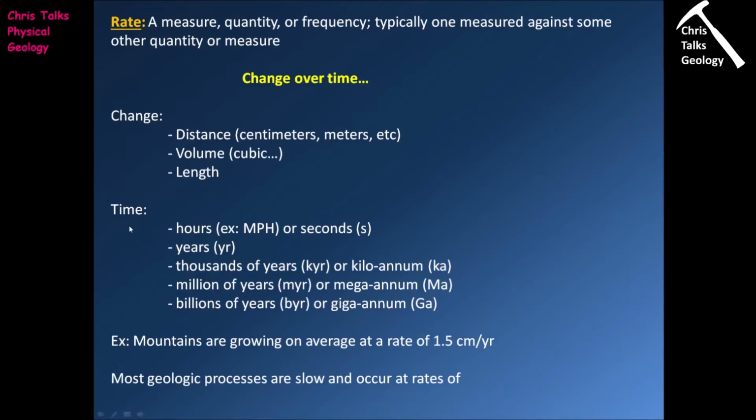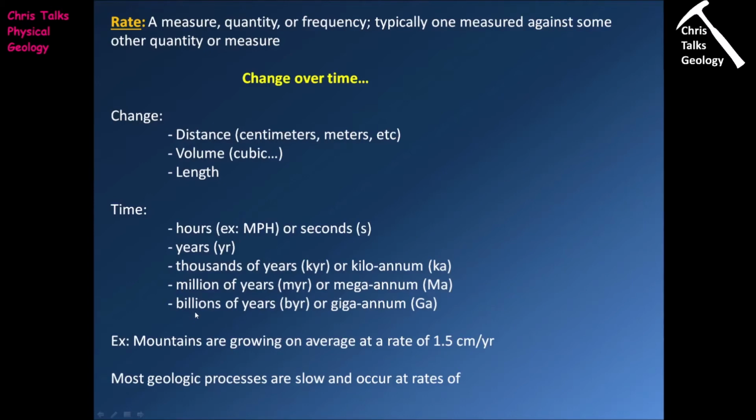And obviously time is going to come in a number of units in geology depending on how short or long term the event in question is. So if it's a relatively short event, we might measure it as change over hours or seconds or years. However, a lot of the time in geology, these changes are occurring over longer time periods. So we would measure it in units of thousands of years, millions of years, or billions of years.